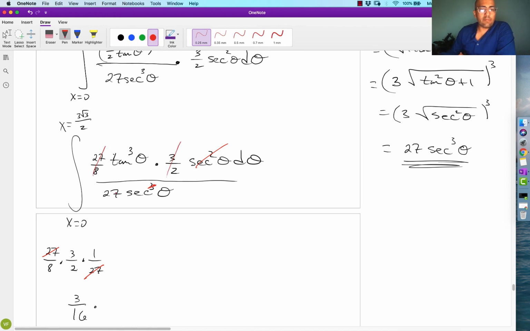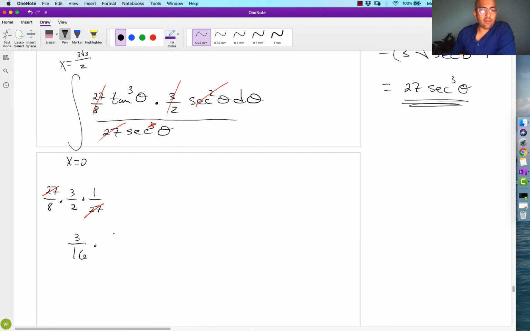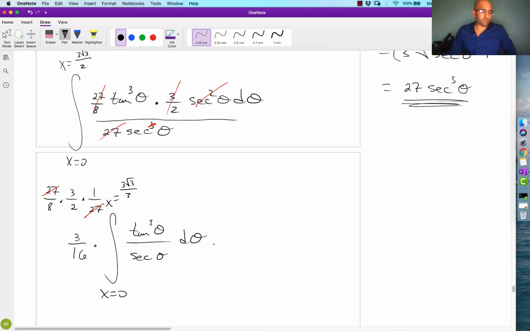So now I've eliminated all those. And I end up with a giant integral that has a tangent cubed in the numerator and a secant theta in the denominator. Integral of tangent cubed theta divided by secant of theta d theta. And I still have to deal with the fact that the limits of integration haven't been changed. Good. Okay, so how to simplify this?